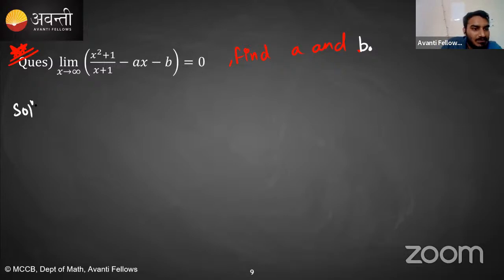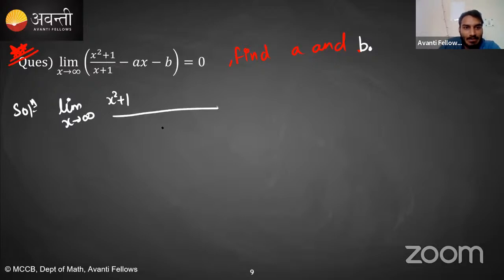First of all, what is written? Limit x tending to infinity, x square plus 1. Take the LCM. LCM is x plus 1. Take the LCM, so minus ax into x plus 1, minus b into x plus 1.